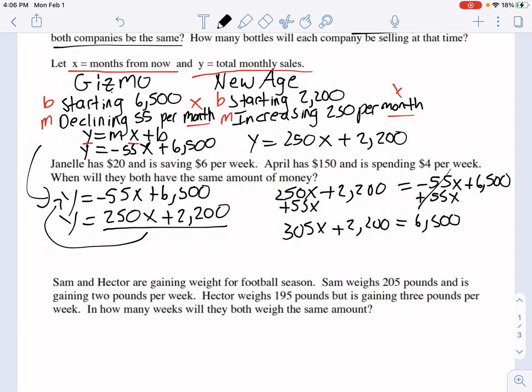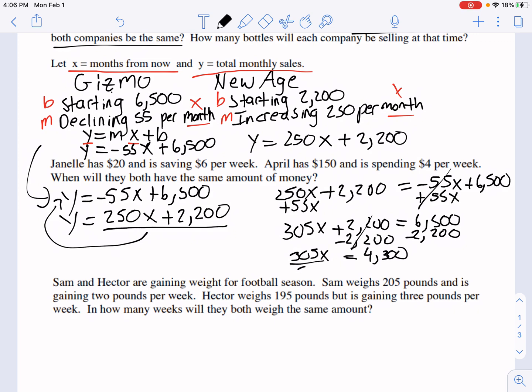Two-step equation here, I can subtract 2,200 from both sides. Okay, so we have 6,500, and then we have minus 2,200. Subtracting that out, these guys go away, and we get 4,300.